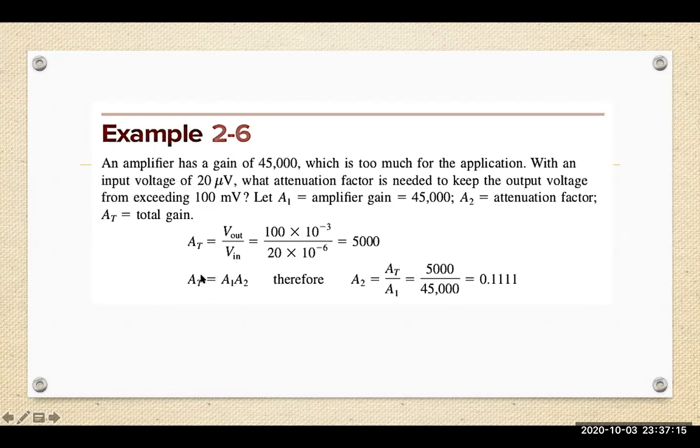Therefore, to solve for the attenuation factor, you divide the total gain by the first stage amplifier gain. So 5,000 divided by 45,000 is equal to 0.111. It's what we're expecting because it's attenuation, so it should be less than 1.